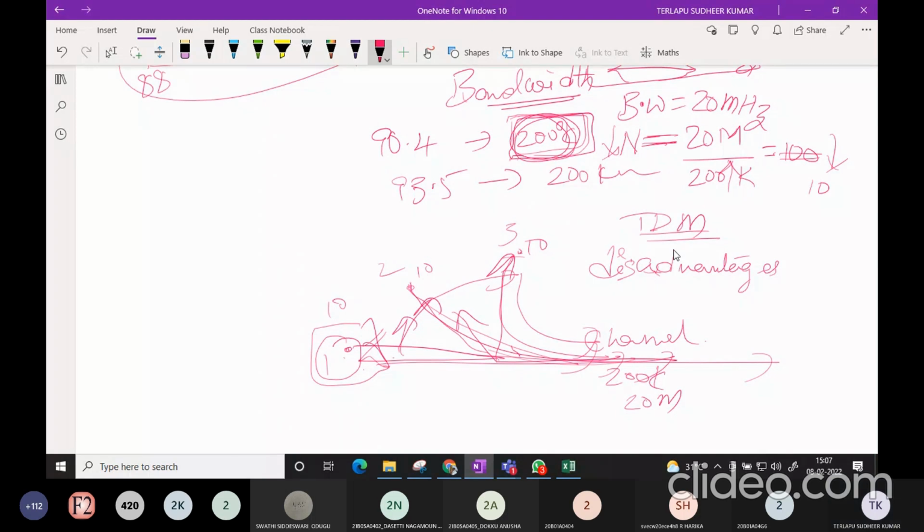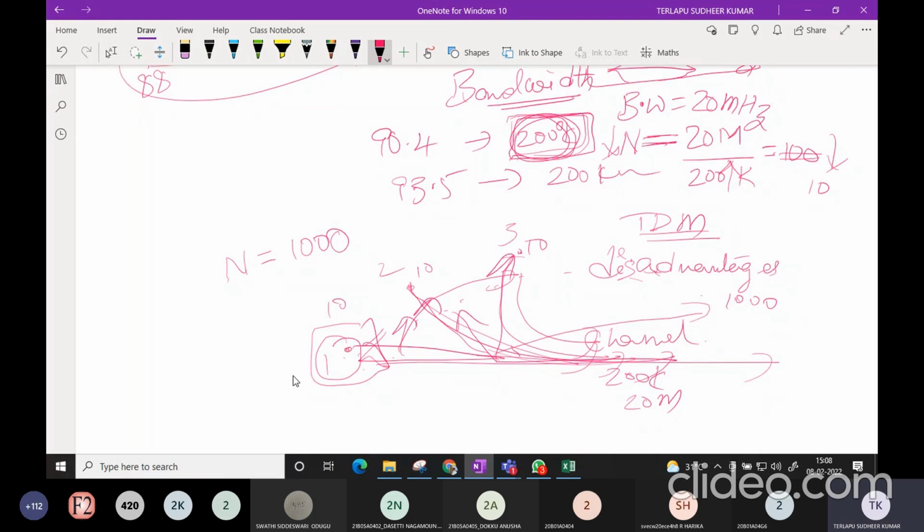Assume my number of users, instead of 3, is 1000. 1000 users are there. Then from user 1, user 2, user 3 up to user 1000, the switch moves.